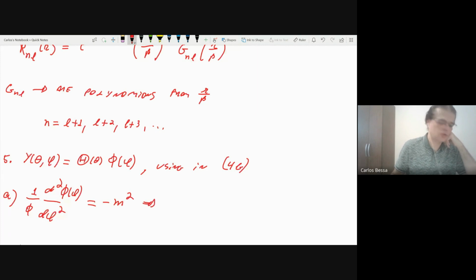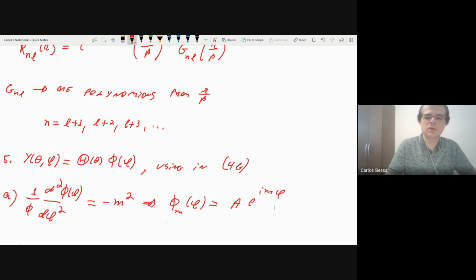And the solution of this is simple. It's just Phi m of phi equals A exponential of i m phi. m is just a constant, okay? It's not related to the mass.